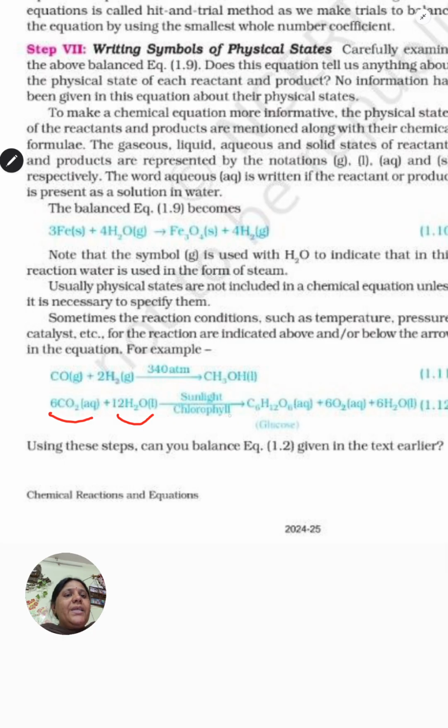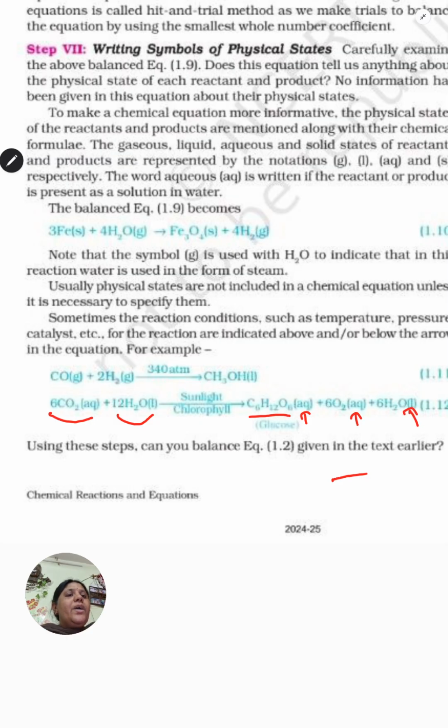So sunlight and chlorophyll, they are acting here, chlorophyll is the catalyst. Sunlight is again important for this, right? And what are the other products? C6H12O6 aqueous form, 6O2 gaseous form, 6H2O liquid form.